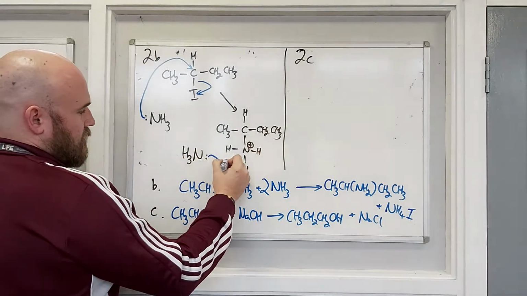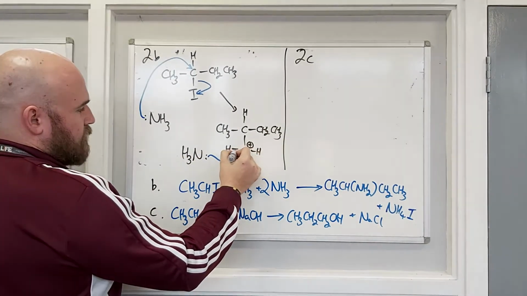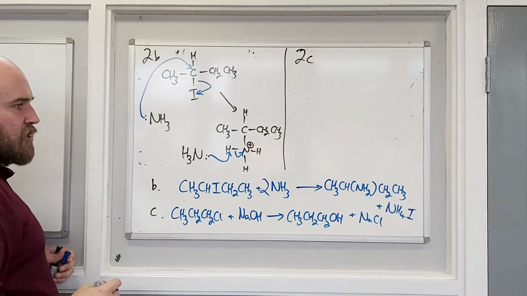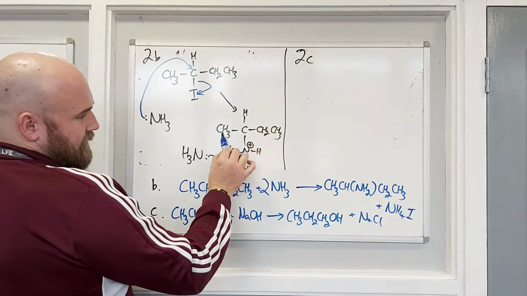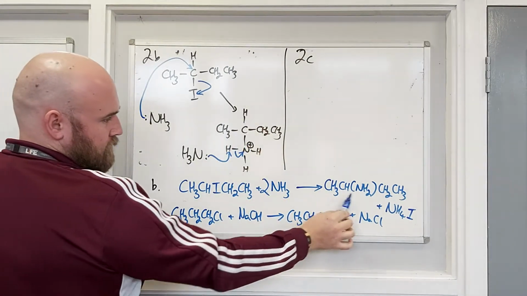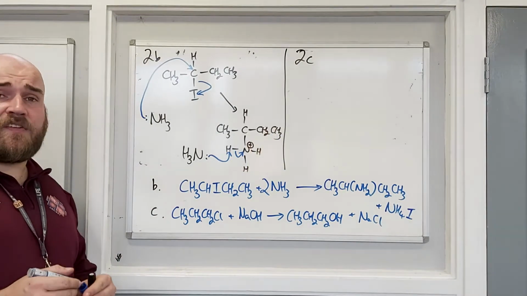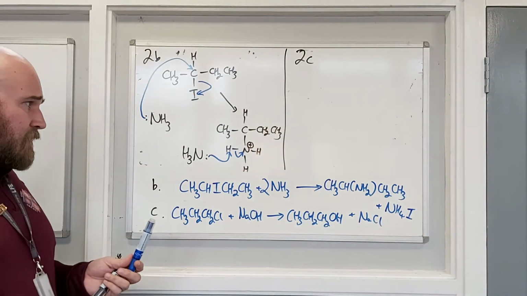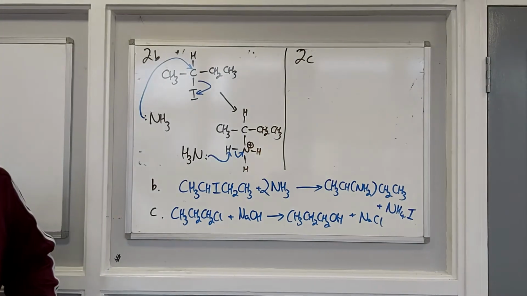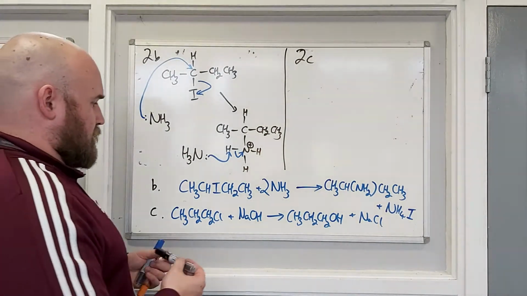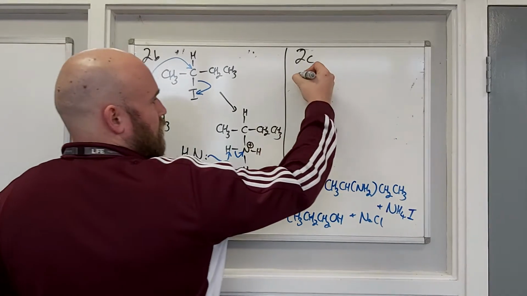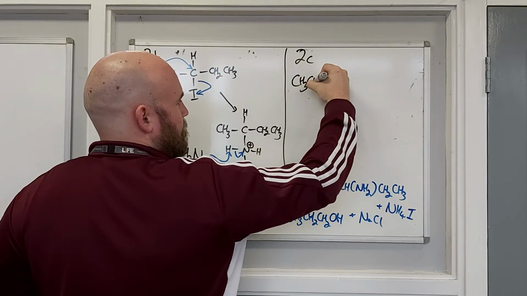That will take a hydrogen, the N-H bond breaks back to the nitrogen, and it should give me CH3, CH, NH2, CH2, CH3. So again, it might be easy to do the mechanism first for that one and then write the equation. And the last one is simply nucleophilic substitution with hydroxide. So we've got 1-chloropropane.